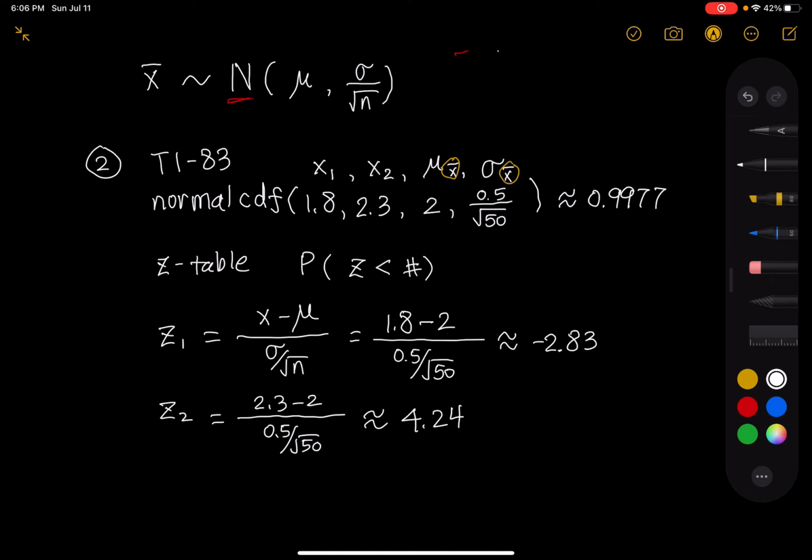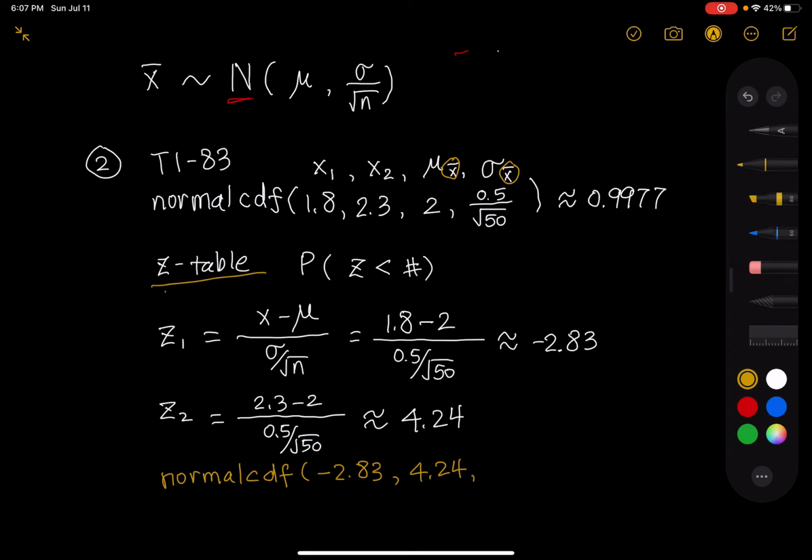Now, if somehow you calculate this before you realize that, oh, I can use my TI-83 to do the calculation, well, then all you need to do is just, and you can also try it out, call the normal cumulative distribution function. And you just enter the z-scores 2.83 and 4.24, and the standard normal distribution, right?